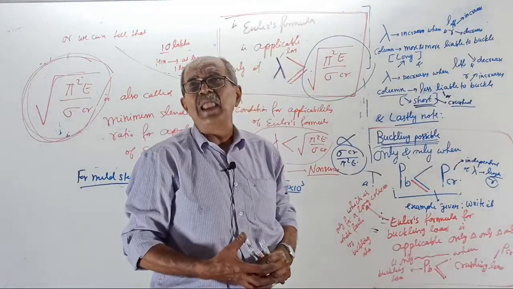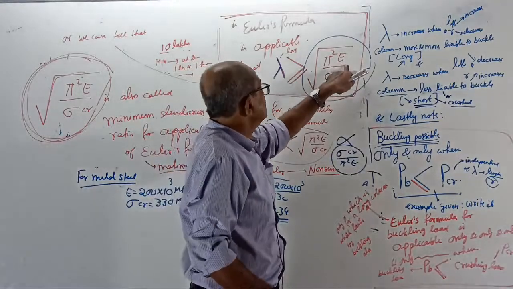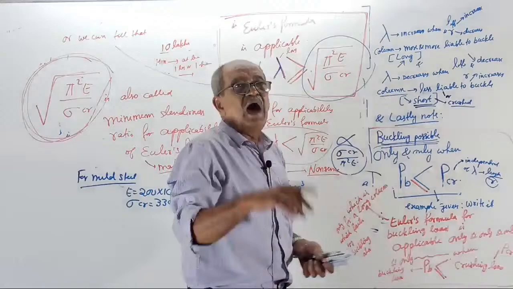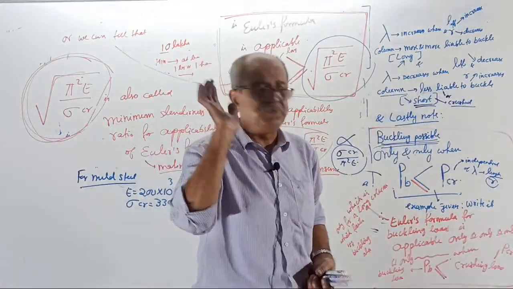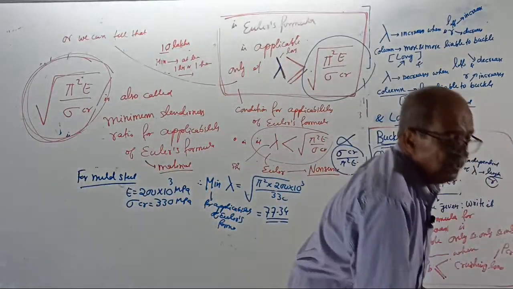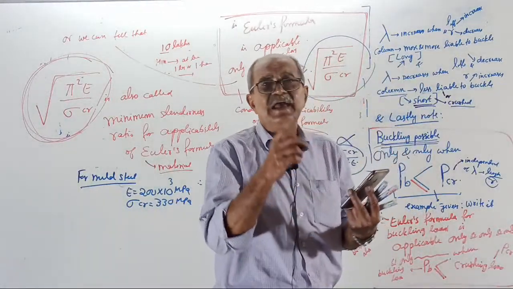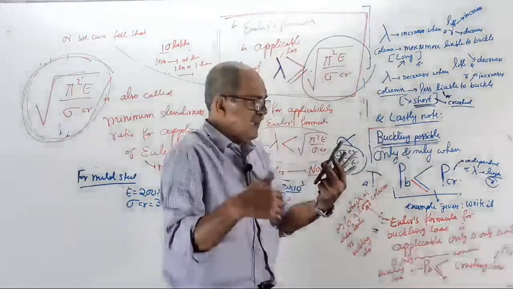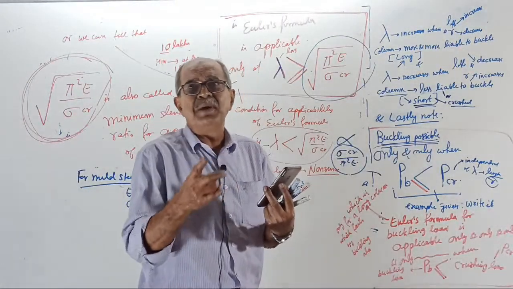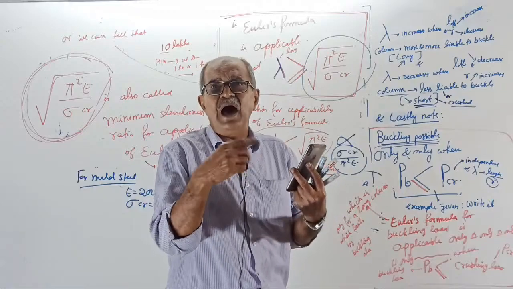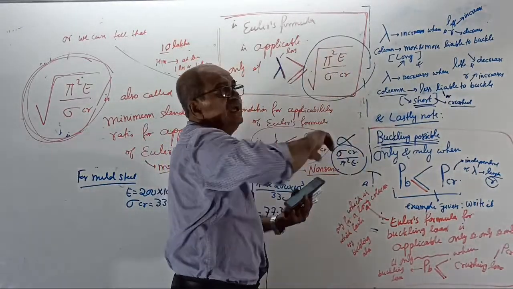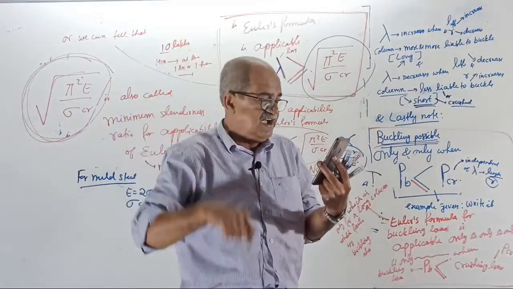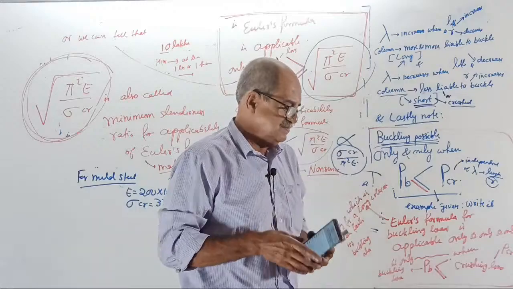What is the minimum lambda for Euler? Its reciprocal, but without root, is alpha for Rankine's formula. Clear? I will tell you tomorrow. If you forgot the formula for alpha, remember this one: the reciprocal without root is your Rankine's constant. Okay.